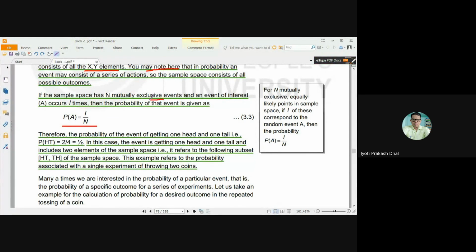If the sample space has n mutually exclusive events and an event of interest A, suppose the particular result is A which occurs i times, then the probability of getting A is equal to i divided by n. Here i is the number of possible events for A to occur and n is the total number of events. So the probability of that event P(A) equals i divided by n.